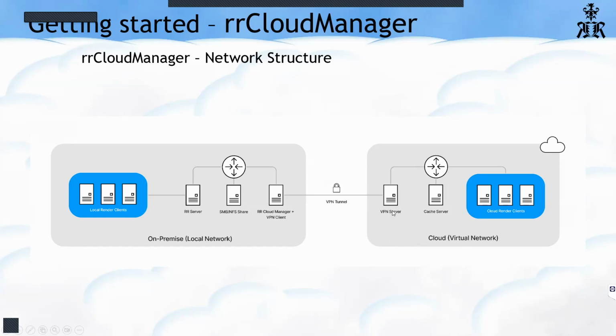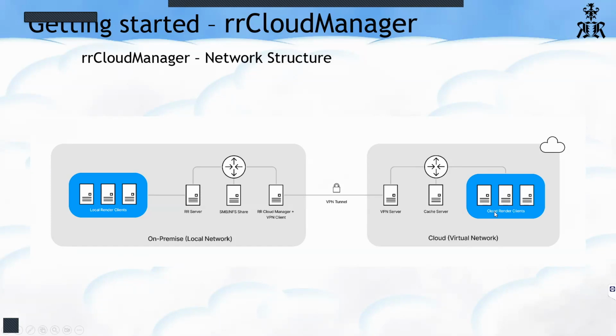The client connects to the VPN server and creates a secured VPN tunnel, and all the data will be going through the VPN tunnel, and it would feel as if everything were on premise. You have the additional caching server just to reduce the amount of traffic put on the VPN tunnel. And then you have your cloud render clients here on the right side. So that is the network structure.